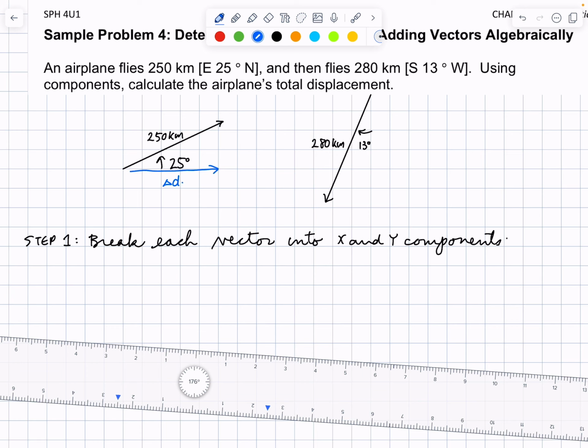I'm going to call this delta d x1 because this is vector 1. And then this would be my y component, delta d y1. I'll do the same. This is my y component for vector 2, and this is my x component for vector 2.